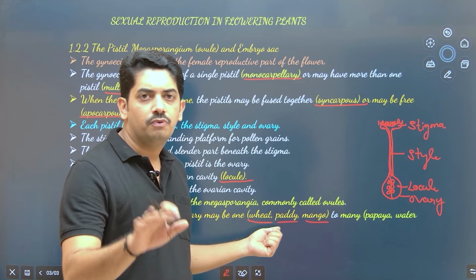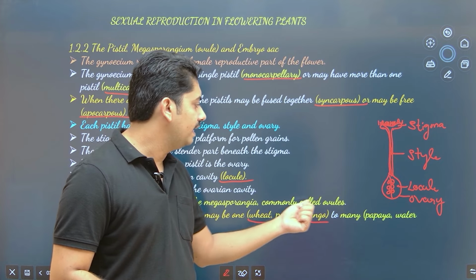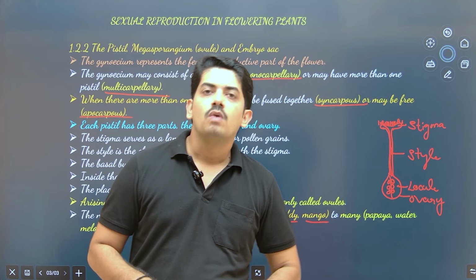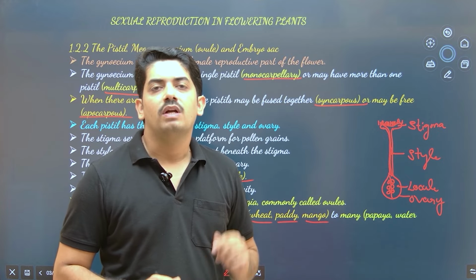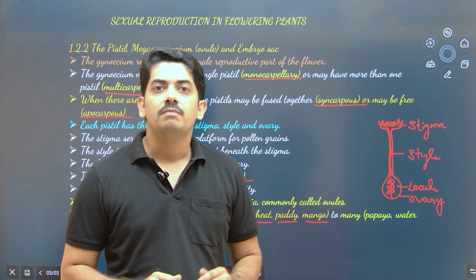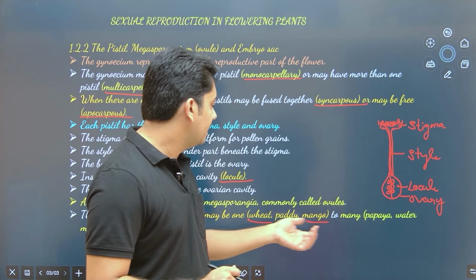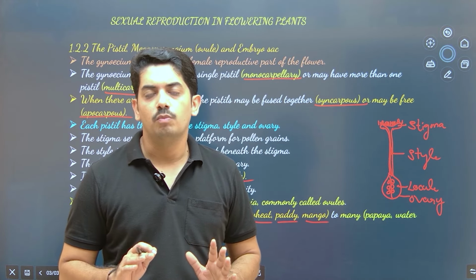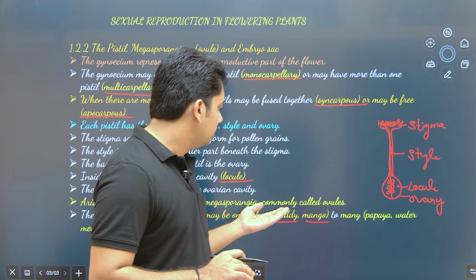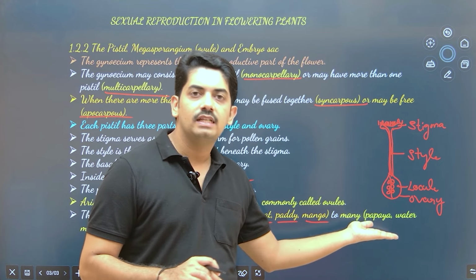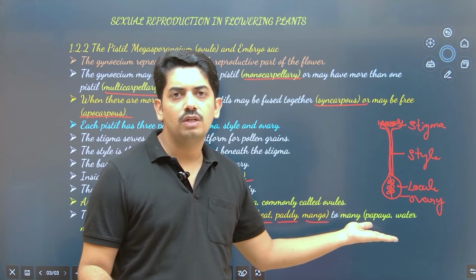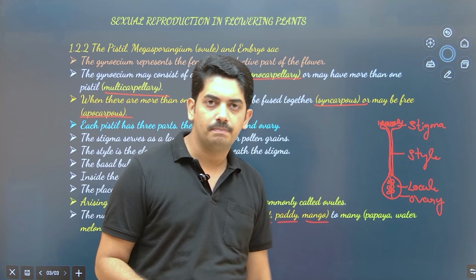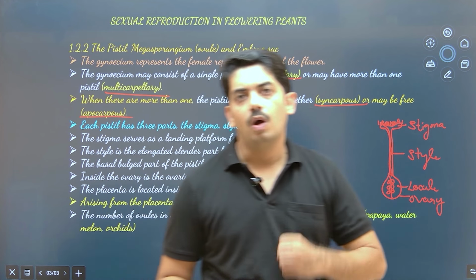Suppose they have given 4 examples, wheat, paddy, mango and papaya. What does it represent actually? One of the examples has a multicarpellary condition and the remaining 3 have a single ovule present, and here more than one ovule is present in the case of papaya. So that is how you can choose the odd one.